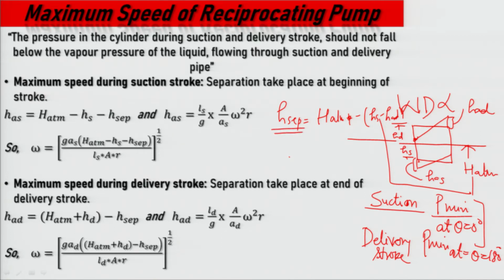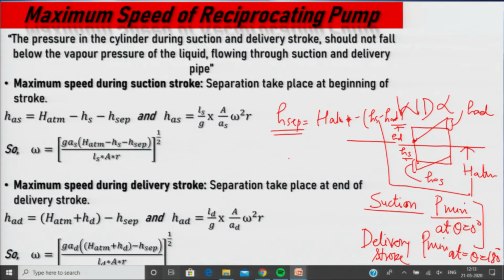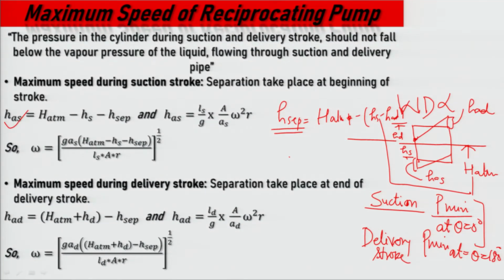So this becomes H atmospheric minus Hs minus HAS equals H separation. We calculate HAS because we want the RPM. So HAS equals H atmospheric minus Hs minus H separation.